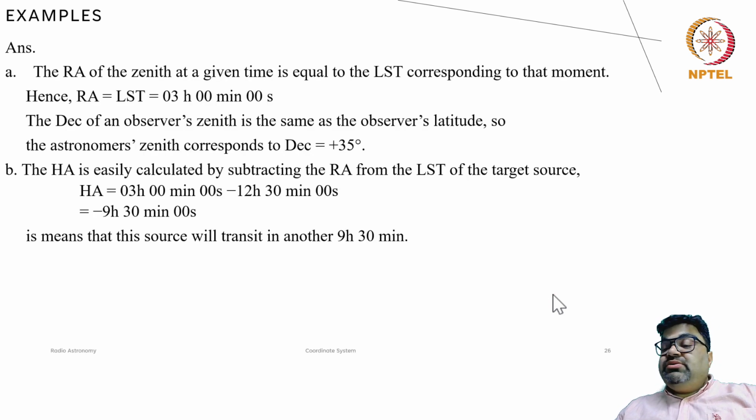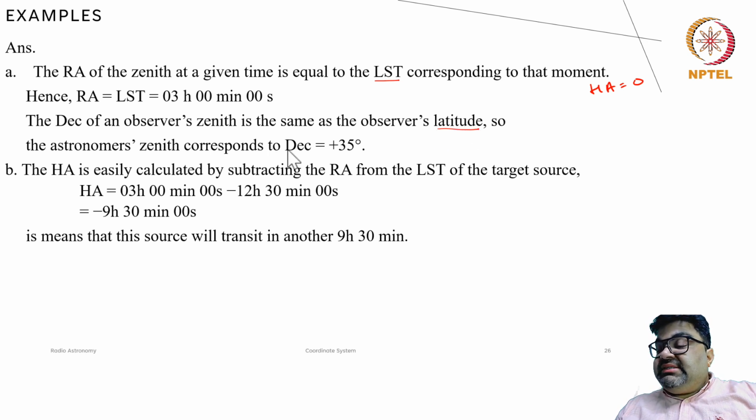So quite a few. The RA of the zenith at a given time is equal to the LST at that moment, because the hour angle is equal to 0 at transit. The declination of the observer's zenith is the same as the observer's latitude.